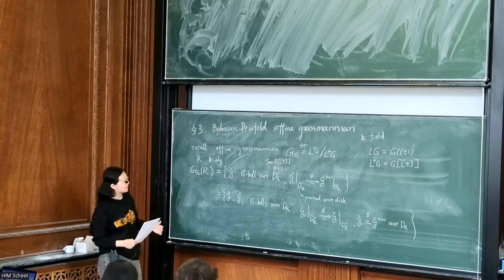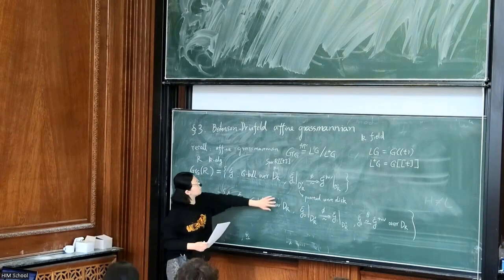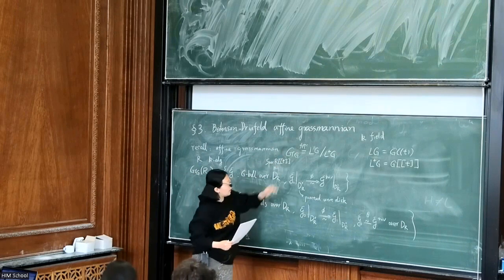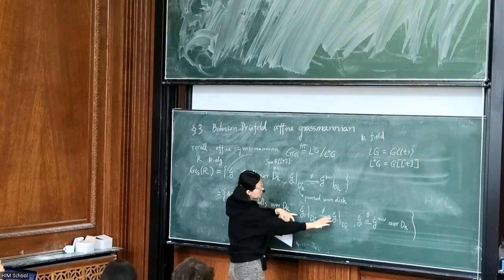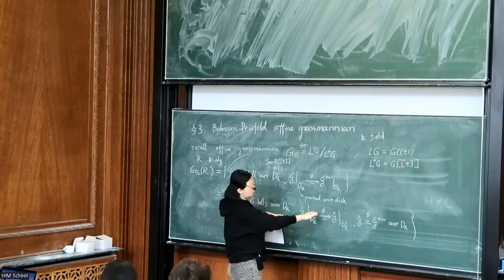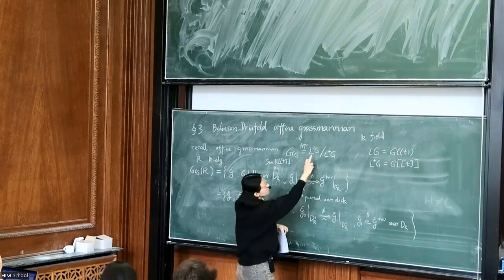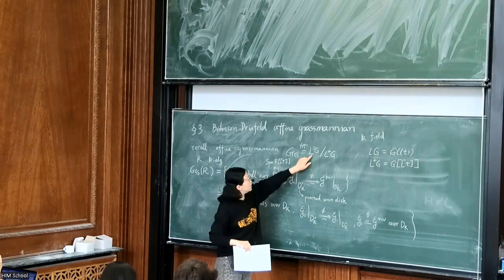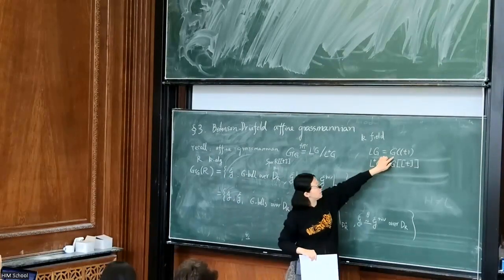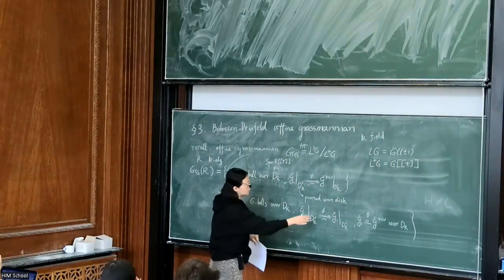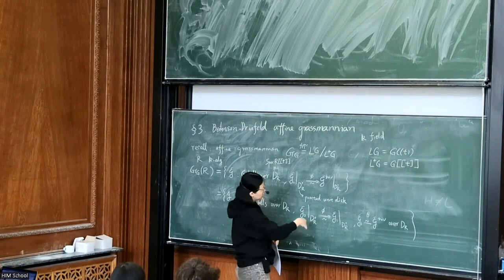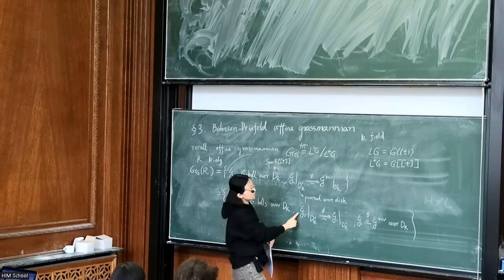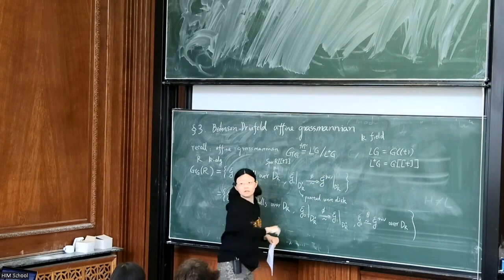The relationship between this description and this one is that if you trivialize G0 and G1, this isomorphism over the punctured disk gives you an element in the loop group, and then we quotient out the modifications of this, so you quotient out by this.